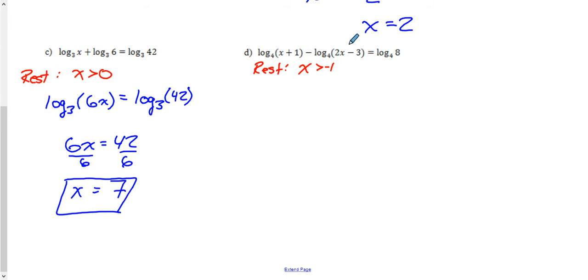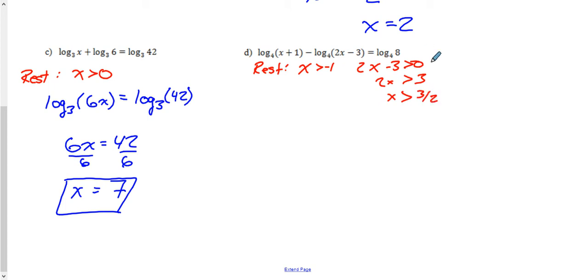On this one here, we really haven't done anything like this. So the way that we solve this is we're just isolating for the variable x. So really 2x minus 3 has to be greater than 0. So 2x has to be greater than 3. So then x has to be greater than 3 halves.